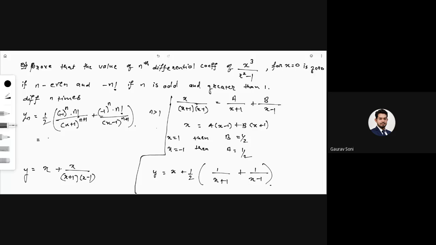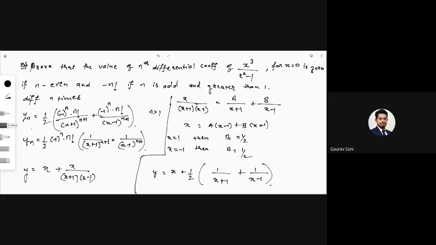So I can write this as 1 by 2 minus 1 raised to n into n factorial in bracket 1 upon x plus 1 raised to n plus 1 plus 1 upon x minus 1 raised to n plus 1. So this is your yn.